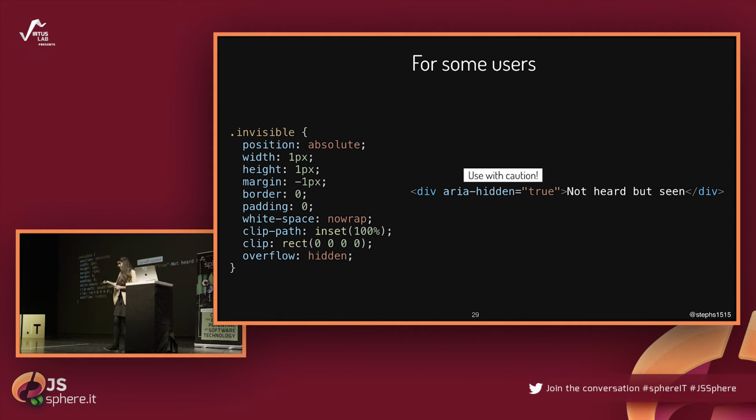And the other way of hiding things is using aria-hidden true, which I'm saying there, use with caution and read a lot about this because it can get very confusing. When we set aria-hidden true, this will hide it for screen readers and will display it for visual users. Why I said it can get confusing: let's imagine there's someone that cannot see very well. They are sighted users, but they also use a screen reader in order to get more information.